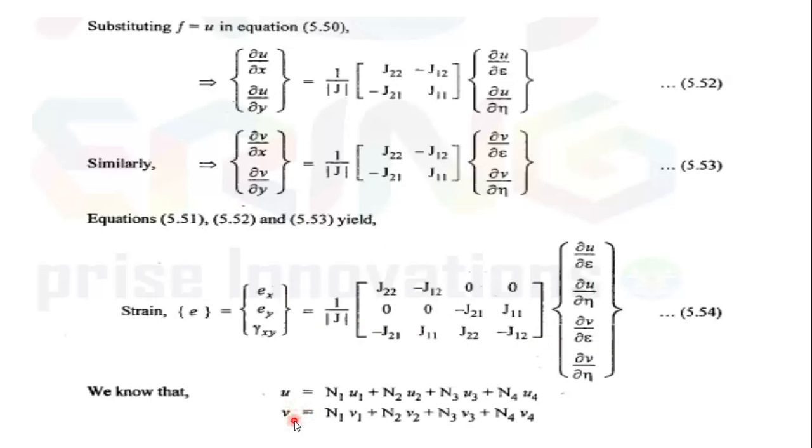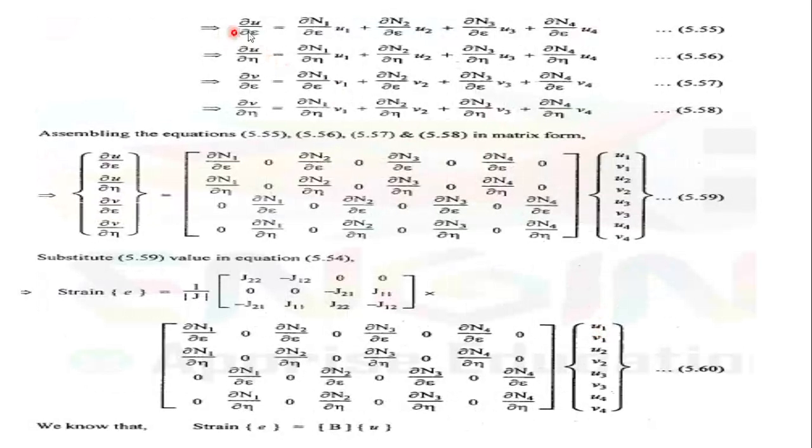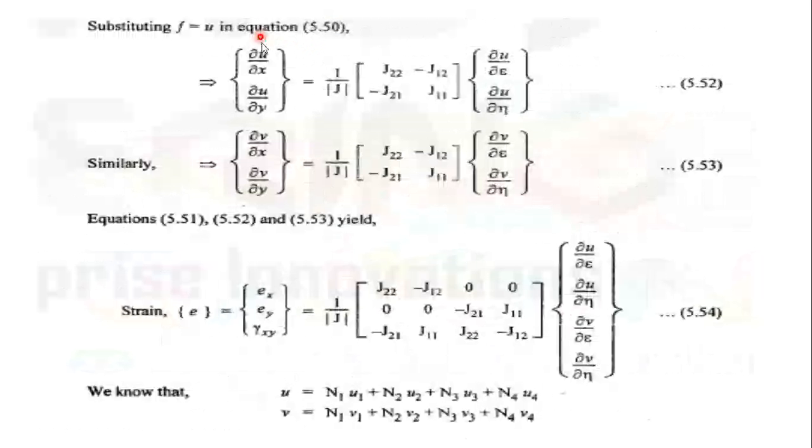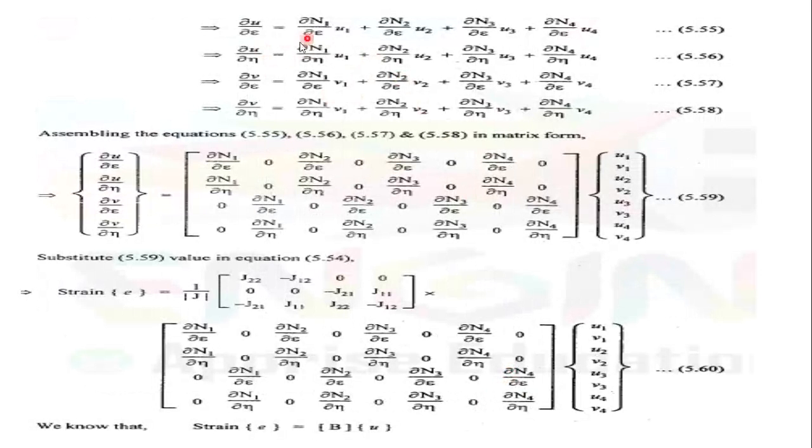So we know that u is n1 u1 plus n2 u2 plus n3 u3 plus n4 u4, and v is equal to n1 v1 plus n2 v2 plus n3 v3 plus n4 v4. Then we require this value, ∂u/∂ε, ∂u/∂η. So I just differentiate u and v with respect to epsilon and eta. That is what I have done here.